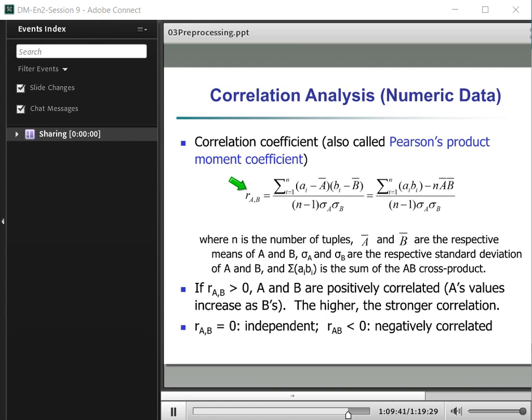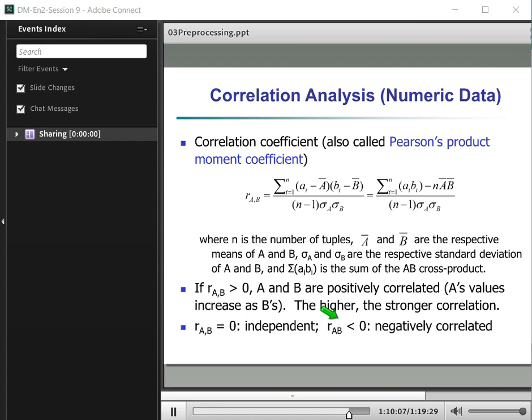Pearson product is a value between -1 to +1. If R, the correlation between A and B, is equal to 0, it means that A and B are independent.